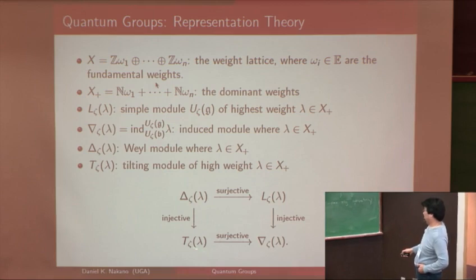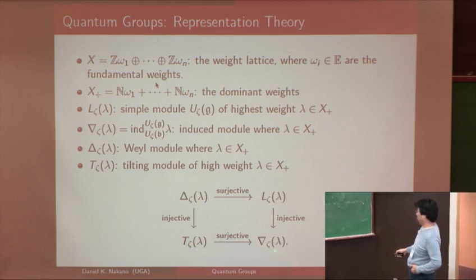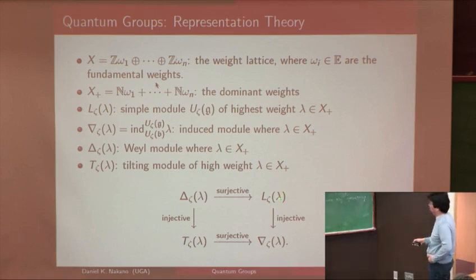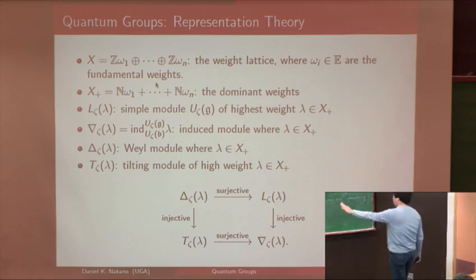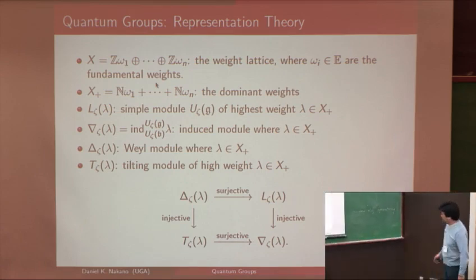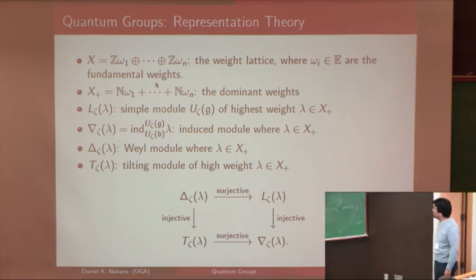I have this backwards. Let's see. No, that's right. Okay, surjection onto here. And then we have the injection of this L into the induced module and a surjection from the Weyl module on here. So this is the picture that you want.